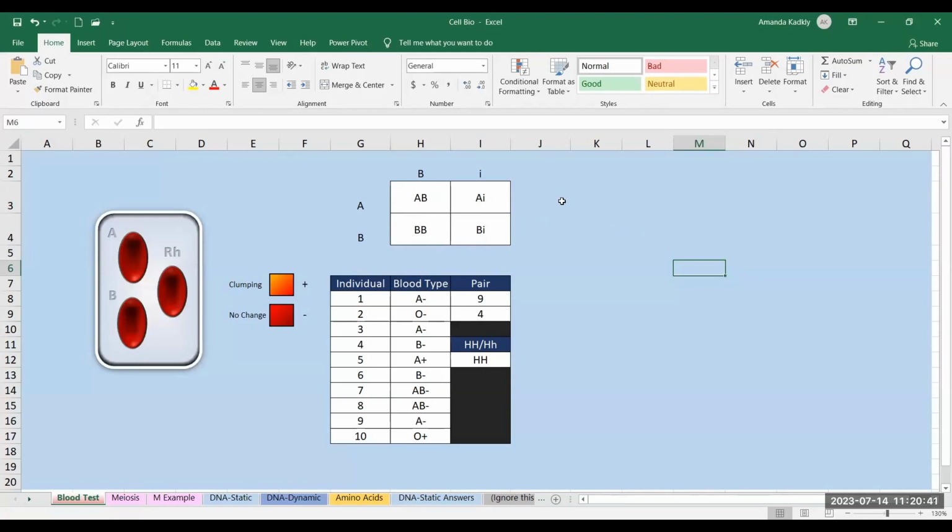If you're looking at only the probability of having type B blood, then that's a 50% chance. If you're looking at only the probability of having type B blood and it's homozygous dominant, then that's 25% chance. So that is what you're doing with this.